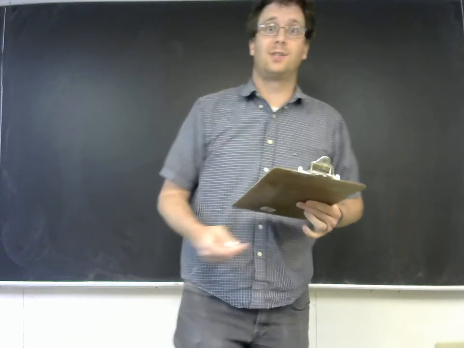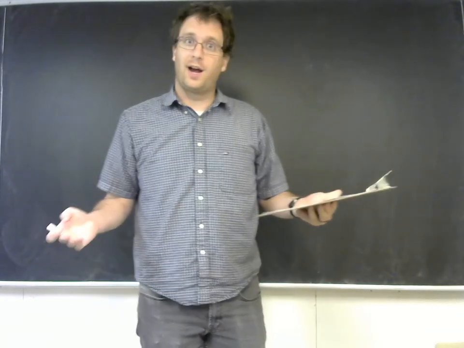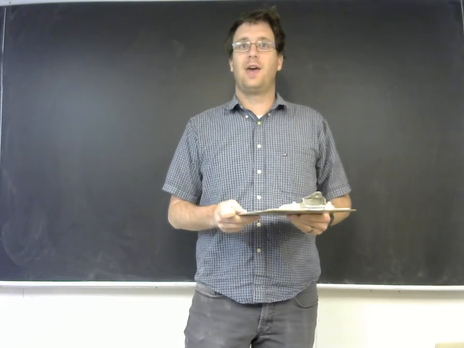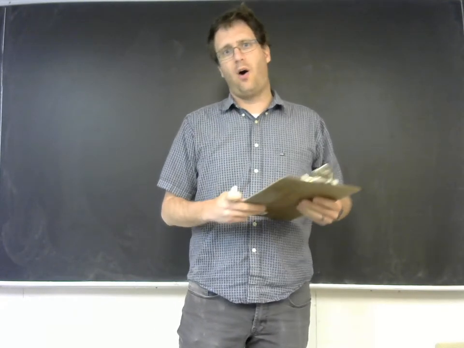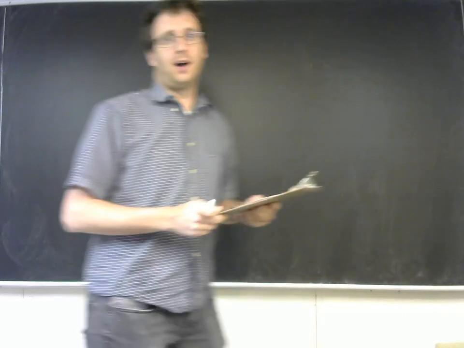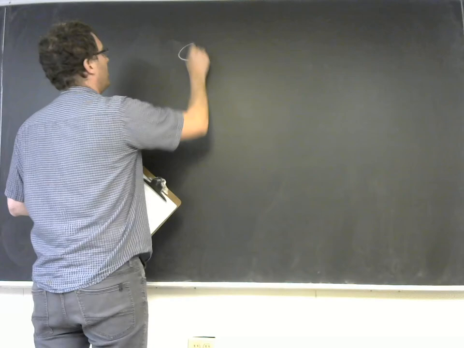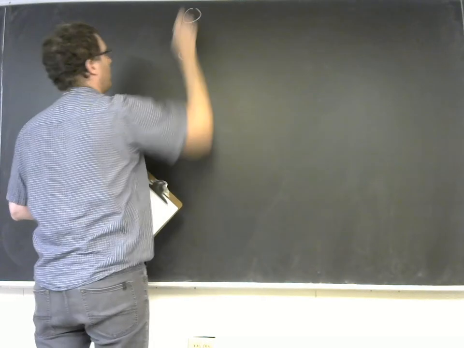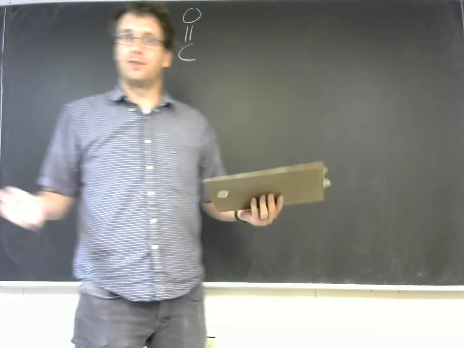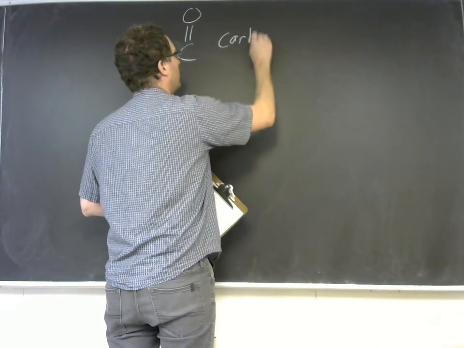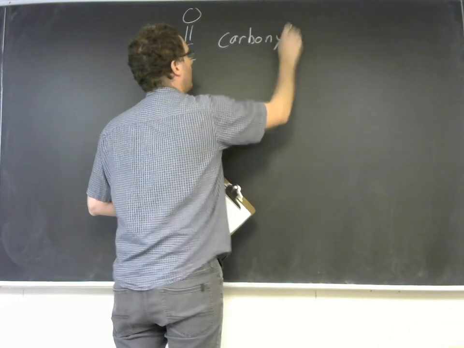Okay, so today we're going to be covering aldehydes, ketones, carboxylic acids, esters, and amides. All of these 5 different categories of organic molecules share a carbon-oxygen double bond somewhere in their structure. This is called a carbonyl.